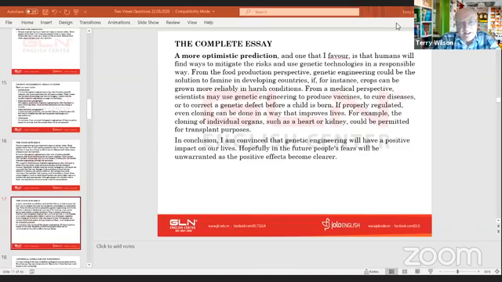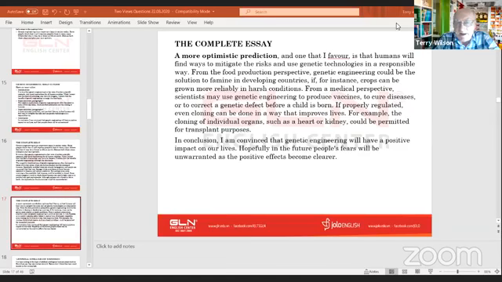Don't just use the everyday ones like I believe. You know, to me, they sound really weak. You need a strong expression such as I am convinced. Or if you're going to use believe, I strongly believe that. That's another good one that the examiners like to see.